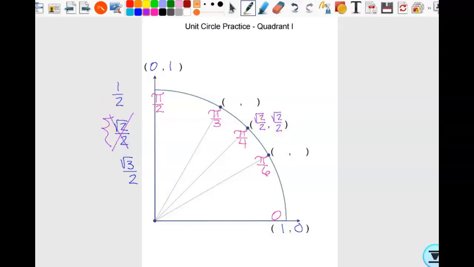The pi thirds uses these two values, and we just got to get them in the right spot, okay? So the first thing we want to make sure we understand is which one of these two values is bigger, or smaller, whichever way. And that's based on the numerator, right, since it's divided in half. Is the square root of 3 bigger or smaller than 1?